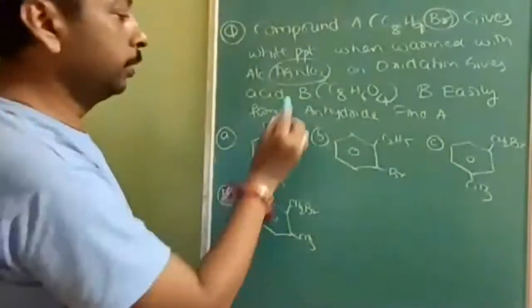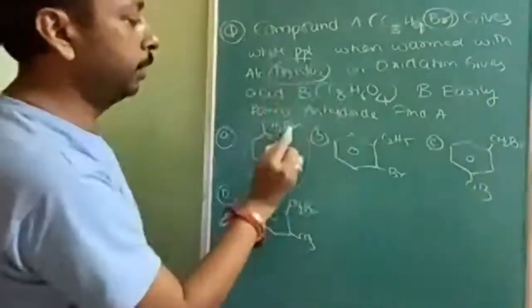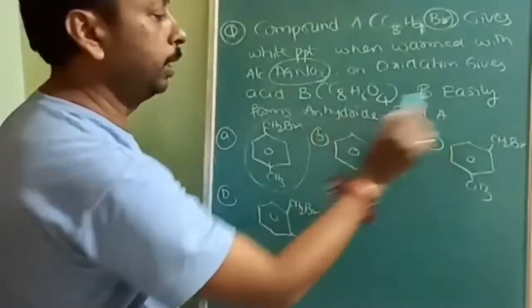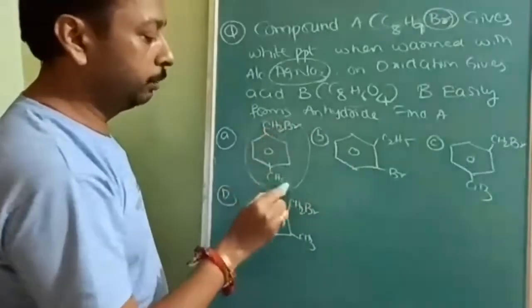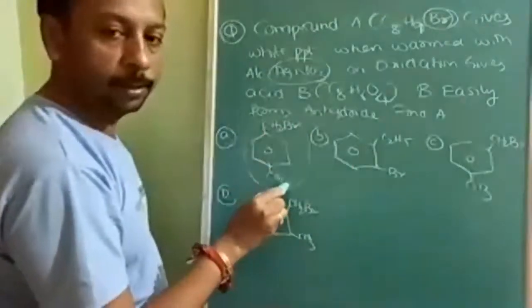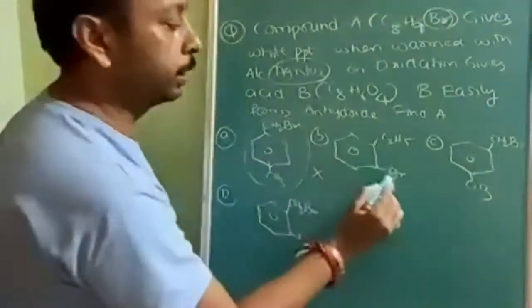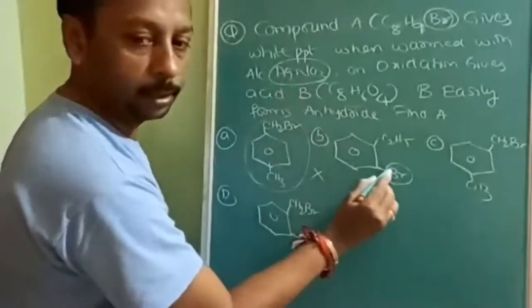So let's check each and everything. See, this is wonderful. It can react with AgNO3. It can undergo oxidation. But the main problem is it cannot form anhydride, because one OH, one H will be removed from here. That's why this condition is not satisfied. B, it cannot react with AgNO3 because partial double bond character is there.